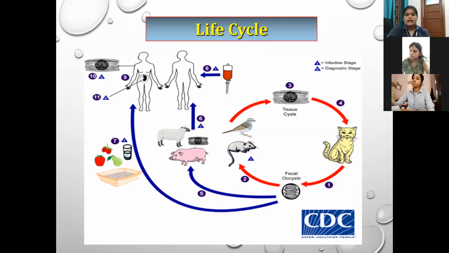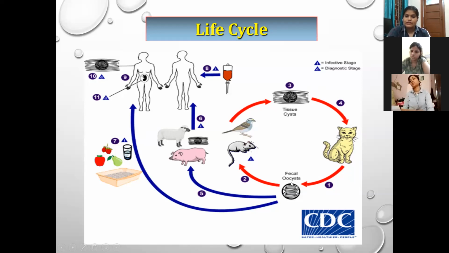Here also you see the cat excretes the fecal oocyst. It becomes sporulated and contains sporozoites, which are taken by small mammals like rodents or birds. And this tissue cyst is again taken by the cats. This is the normal cycle.